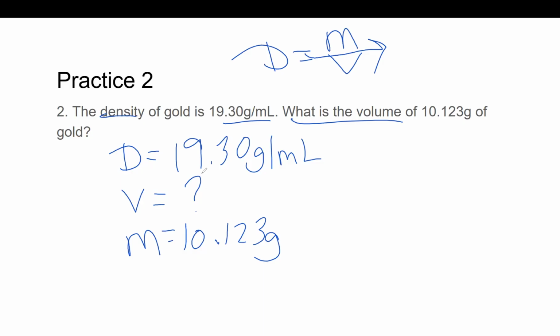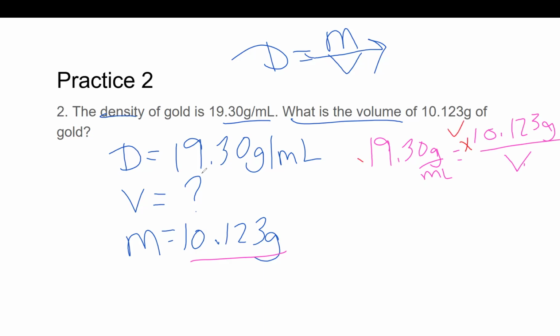So we have our problem, and we have 19.30 grams per mil is equal to our mass, 10.123 grams, over our volume. We're going to have to solve for volume. Now, we did this before where we took our volume and multiplied it on both sides.